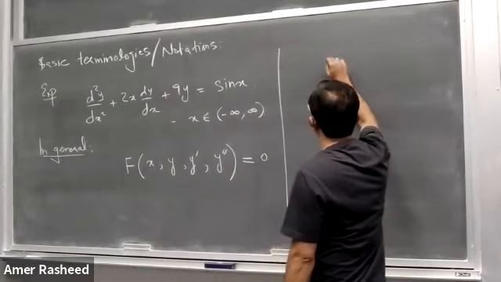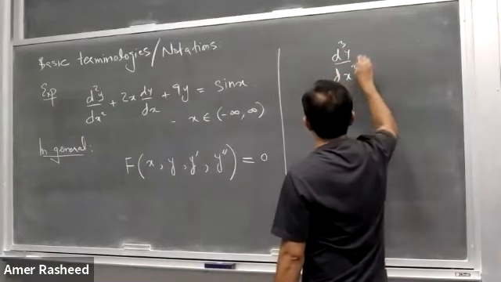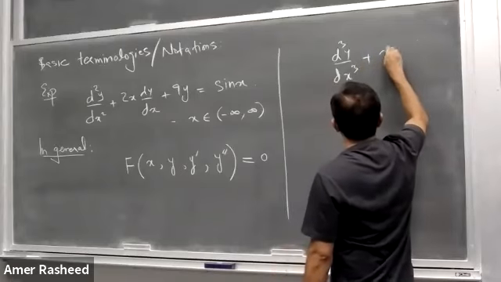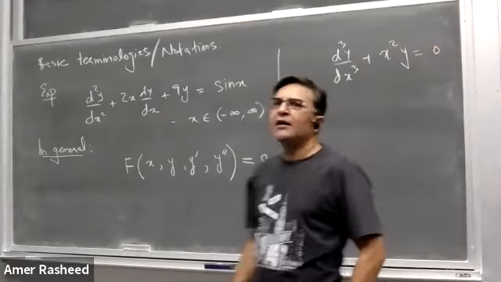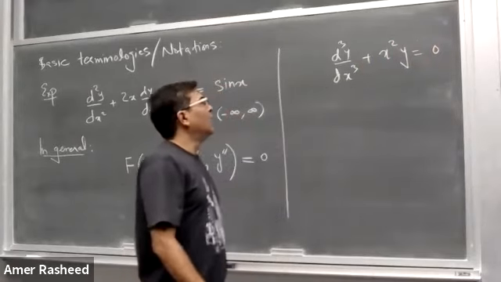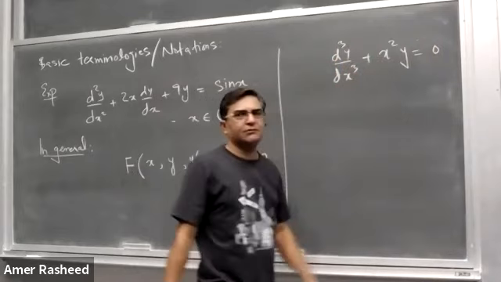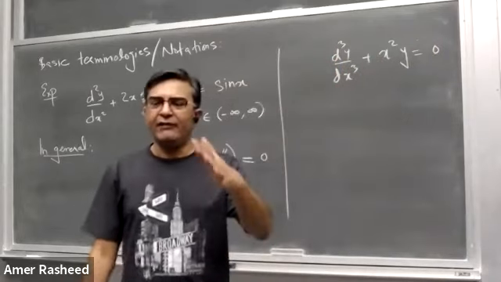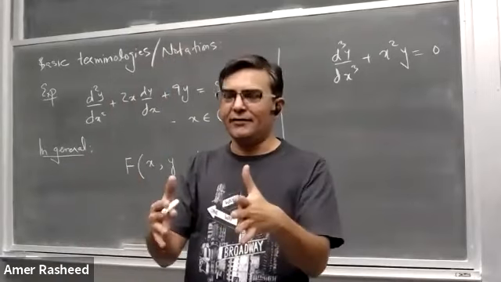Okay. Similarly, let's take another example. If we have maybe d cube y by dx cube plus x square y equal to 0. Now, this equation involves x, y, and y triple dash. But y double dash and y single dash are hidden.